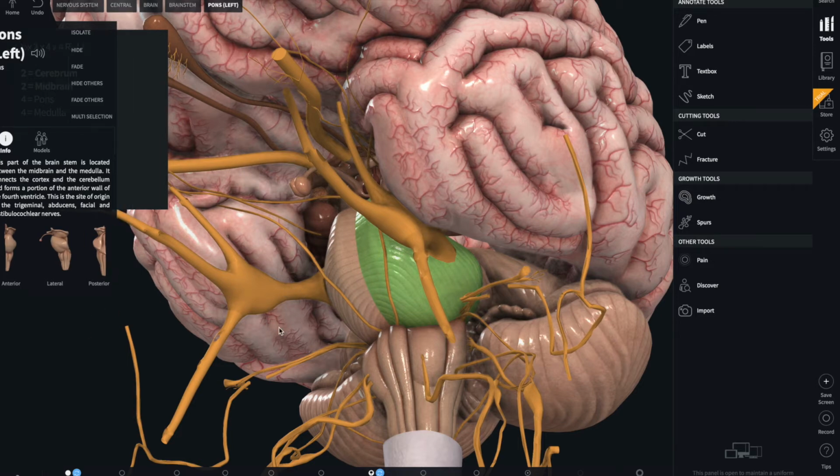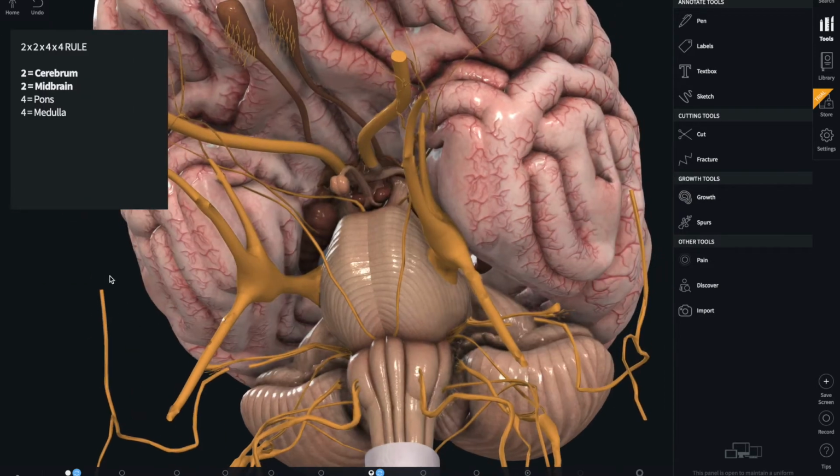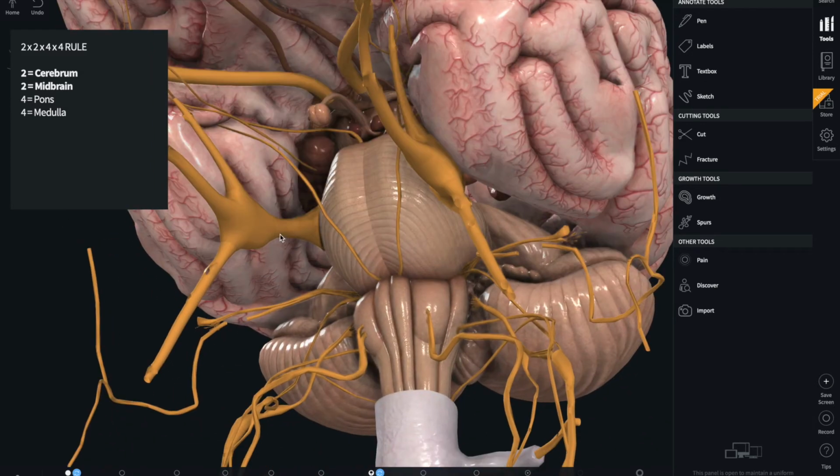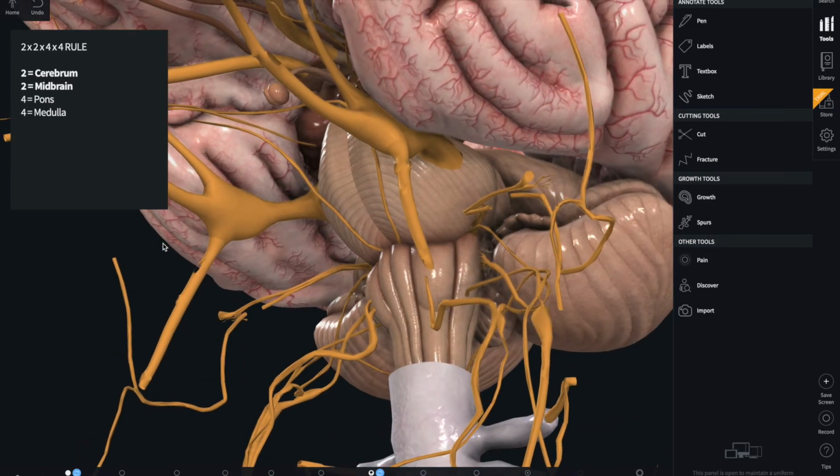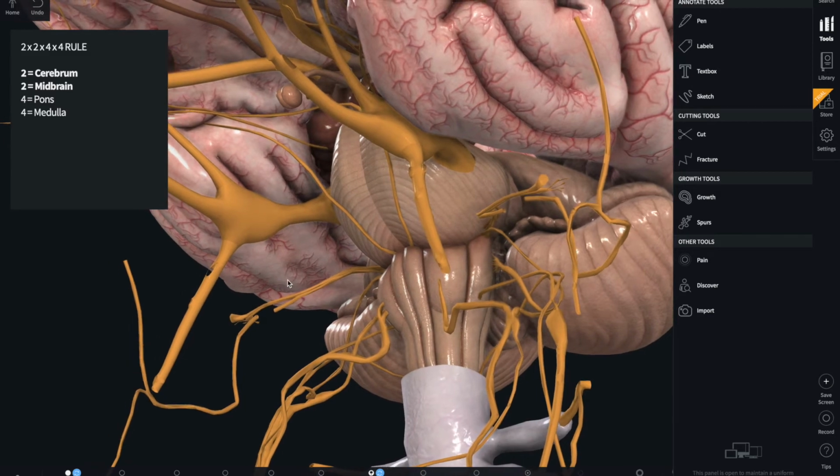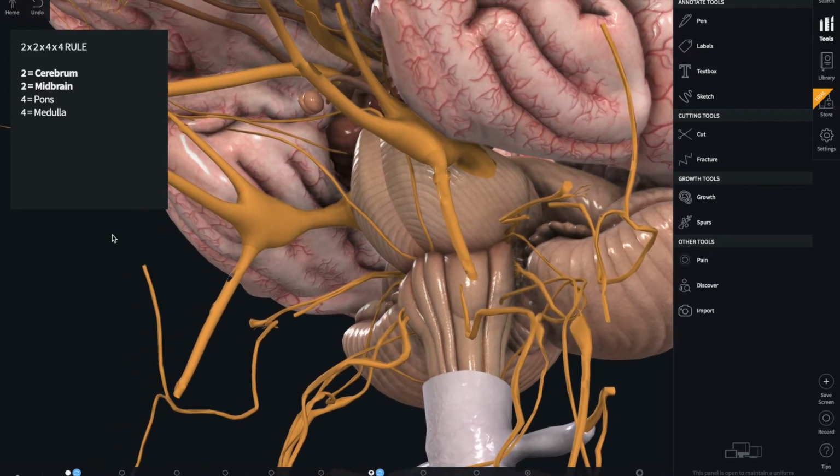Okay, so our trigeminal nerve is actually the location from here to here, where it stems off the pons. But this middle section is what we call the trigeminal ganglion, and then it divides into the 3 divisions that I was talking about before. Those 3 divisions, you can see here.